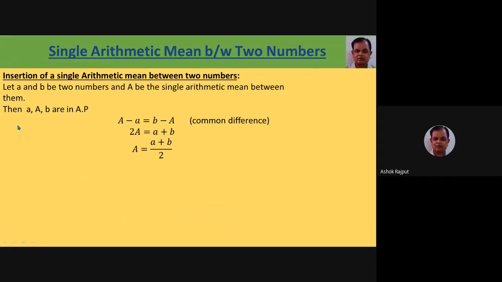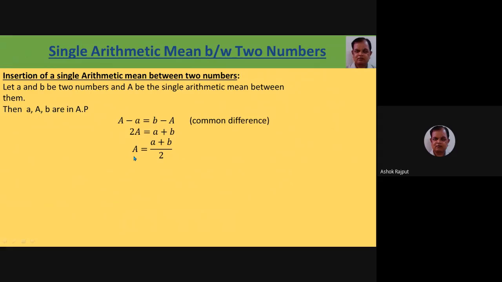So it means A, capital A here, and b are in AP. If these are in AP, then the common difference should be equal, so capital A minus a, its previous term, should equal b minus A, because it is the common difference.